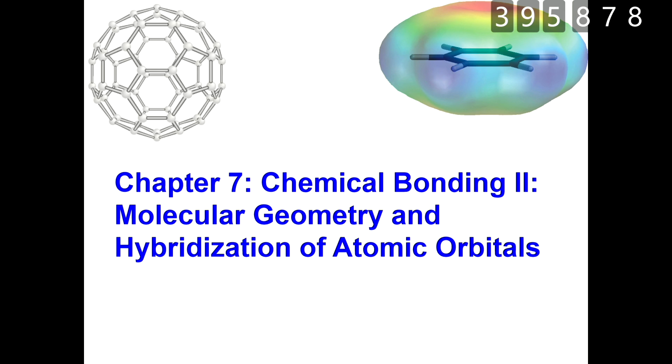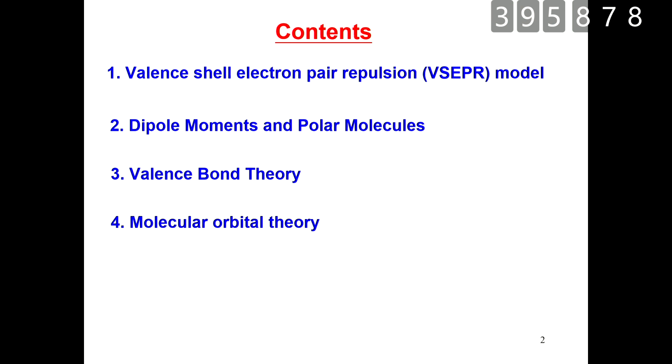And we also introduce some theory about the chemical bonds. Basically it includes four parts. The first one is about the valence shell electron pair repulsion model. A little complicated, right?